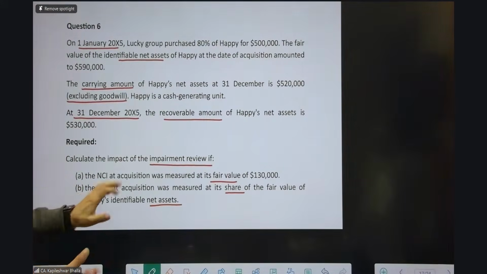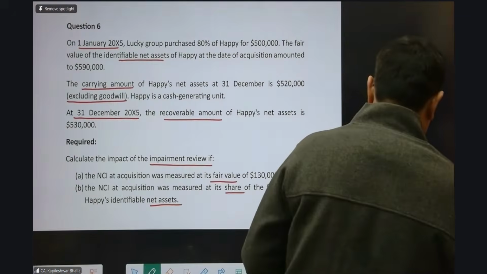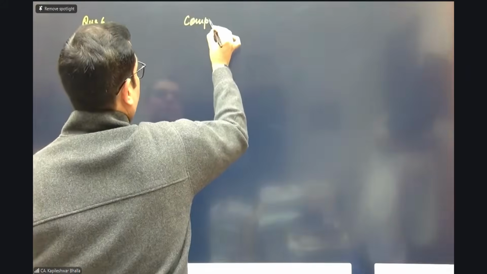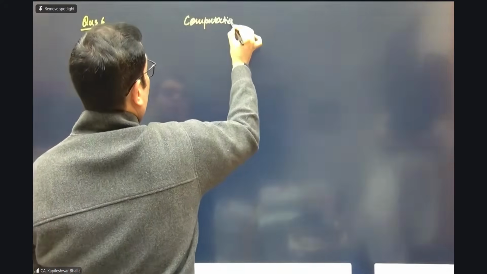So in this case, we are required to do two things. Let's go one by one. I am first looking at the calculation of the goodwill. So we are first of all looking at the computation of goodwill.